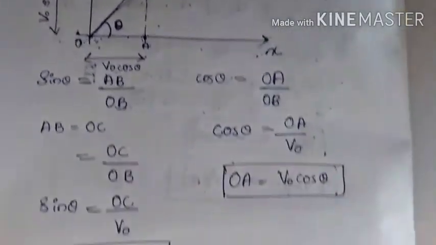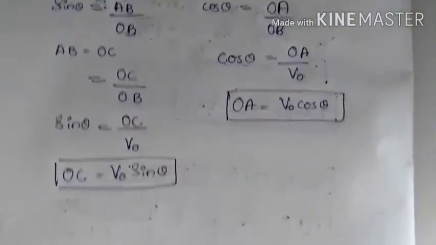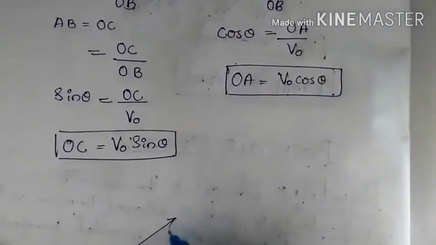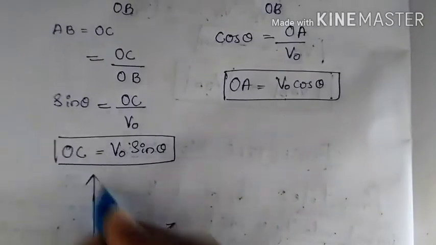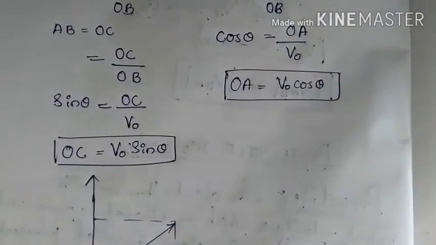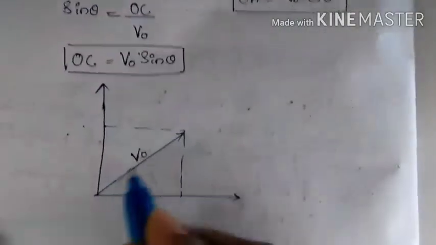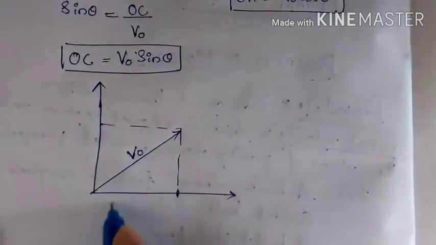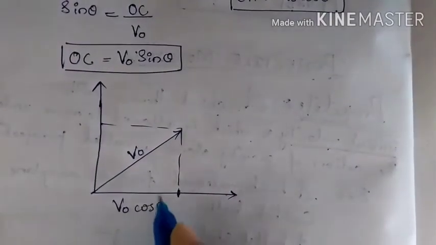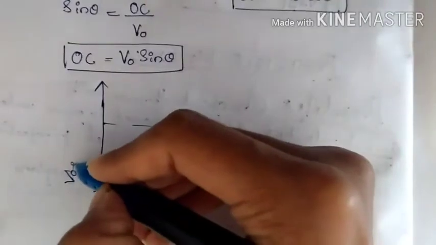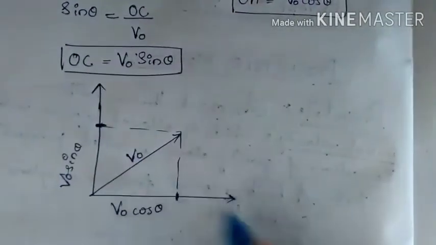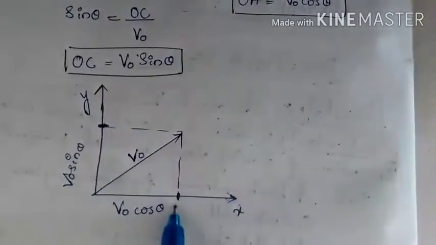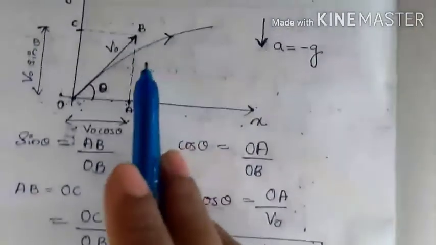So finally, for a vector V naught in the x and y axis, you have the x component as V naught cos theta and the y component as V naught sin theta. This diagram is similar to the previous diagram.